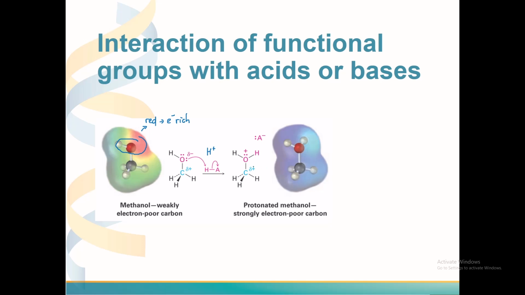So now it's just poor in electrons. Starting from a weakly electron-poor carbon to become a strongly electron-poor carbon. So it could also be affected by acidity or basicity. If you want to increase the strength of acidity or basicity, you could do something like this.